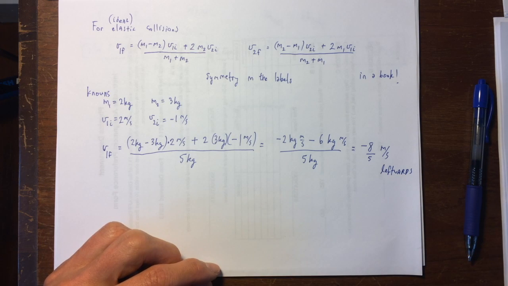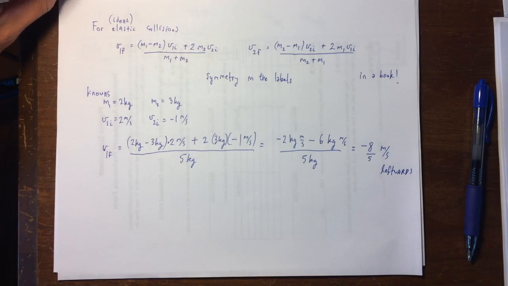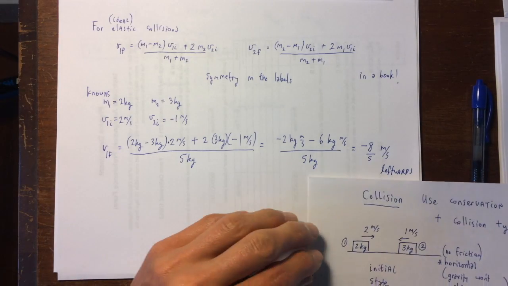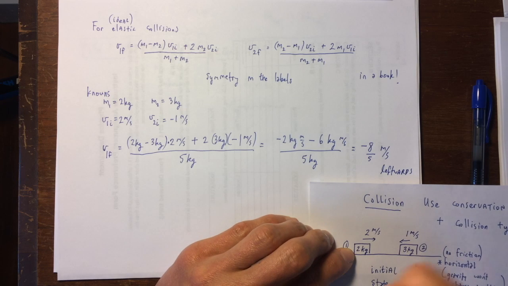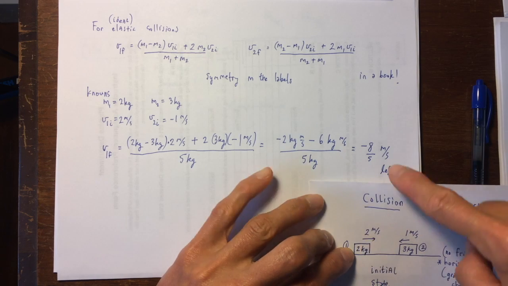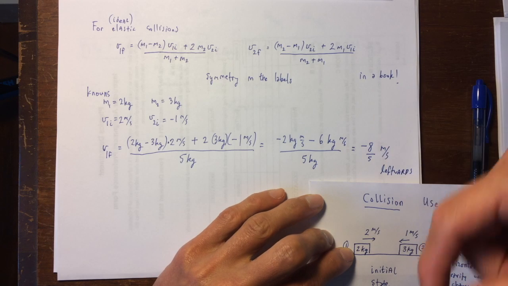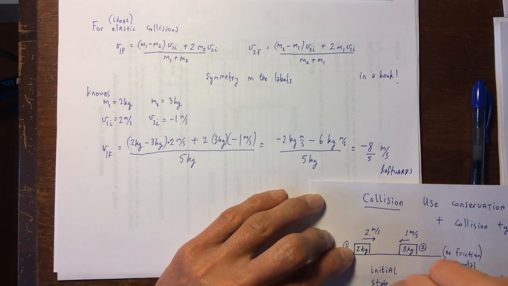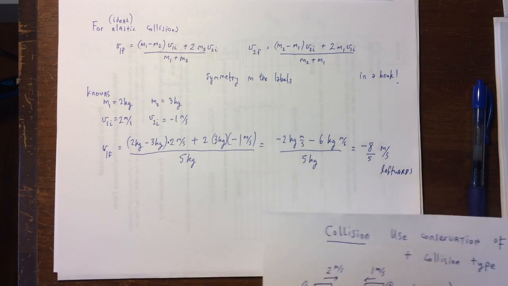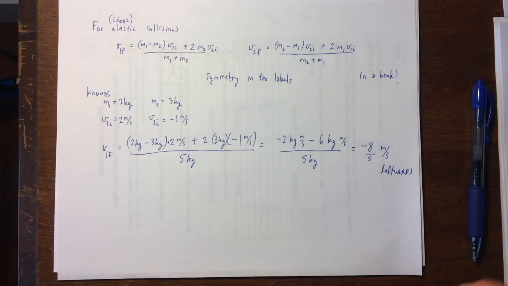So actually, it almost looks like this thing just bounces back with exactly what it came in with, just reversed. But not quite, right? So this is a full 2, and this is just a little bit less than 2. Can you see if that was a 10 over 5, then that would be 2. Yeah, so instead of a 10, it's an 8.